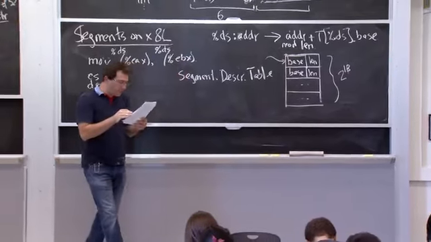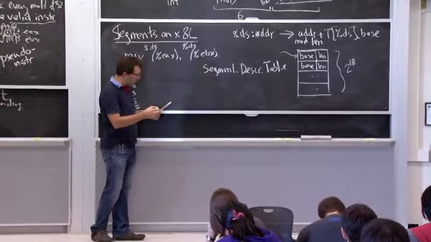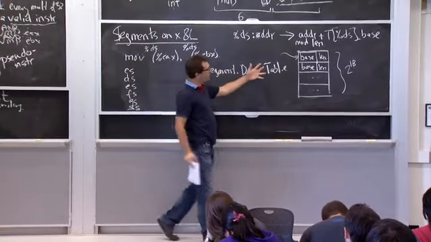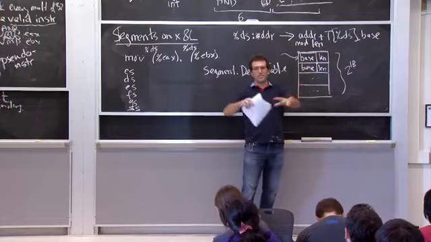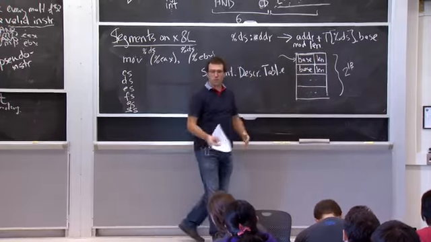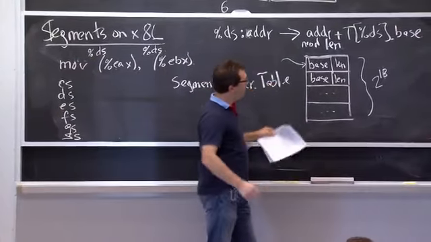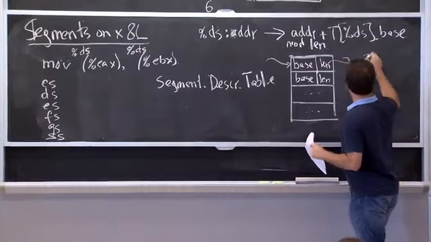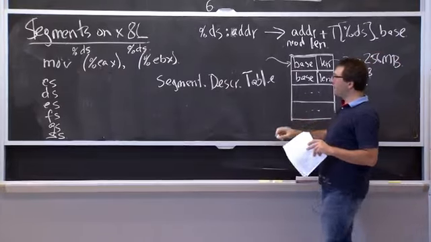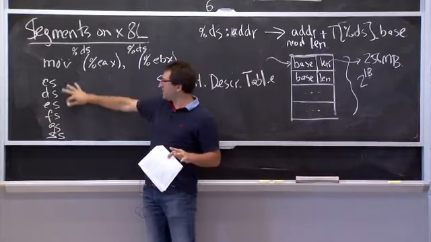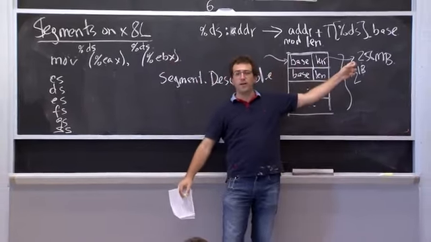All right. So how do these guys actually use this segmentation machinery now? Well, you can sort of guess how it works. By default, all these segments in x86 have a base of 0 and a length of 2 to the 32. So you can access the entire range of memory you could possibly want. For native client, what they do is code in a base of 0 and a length of 256 megs. And then they point all these 6 segment selector registers to this entry for a 256 meg region.